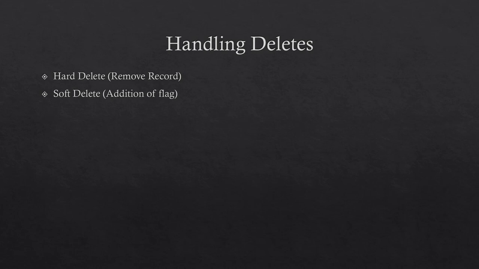We just add a flag which identifies that the record is deleted, but it is a soft delete because this record is still in our system with a flag which identifies that it is deleted. Hard delete is where we remove it from our data store or data lake once it is removed from the source. Now this decision really depends on the use case, the business need, and how we want to handle it.